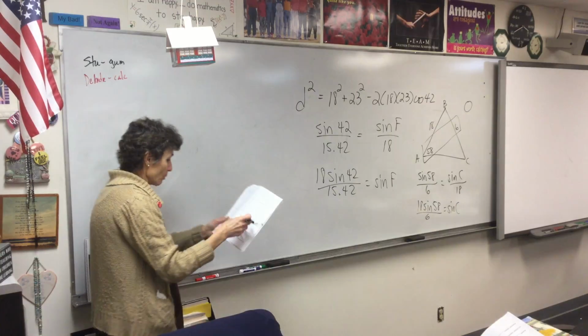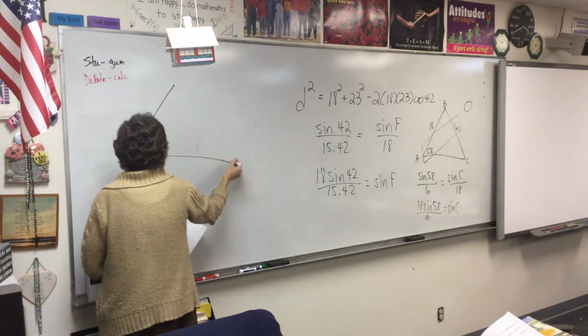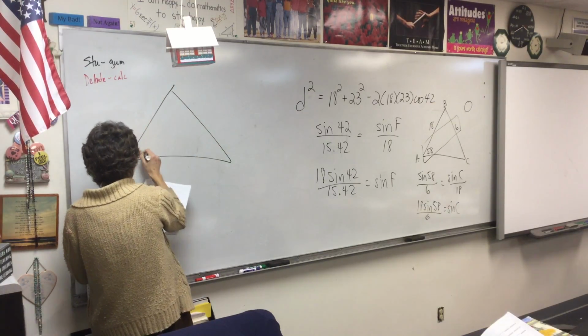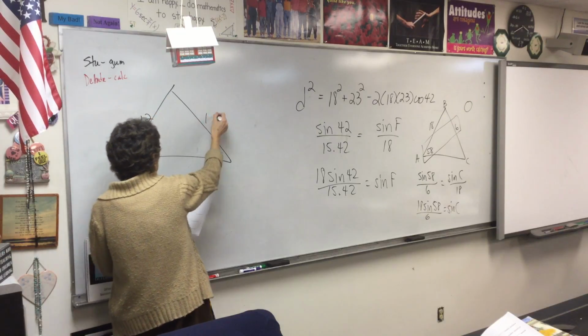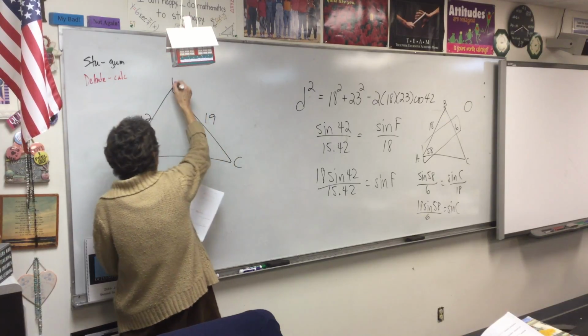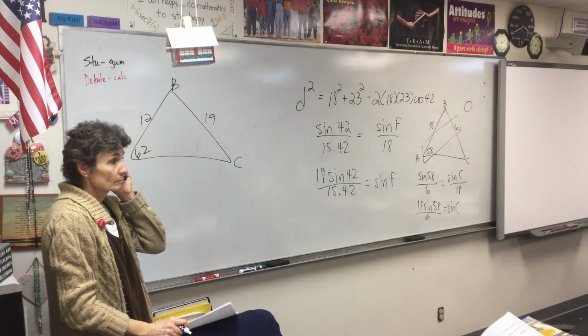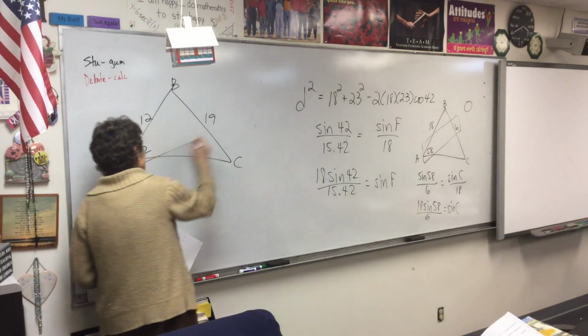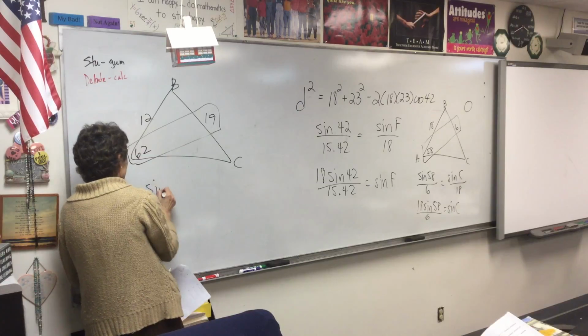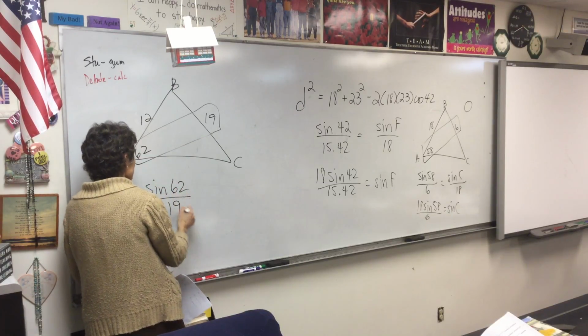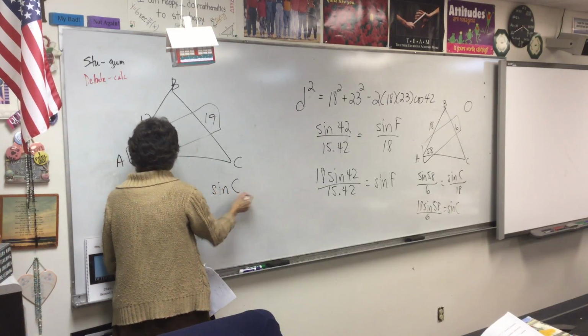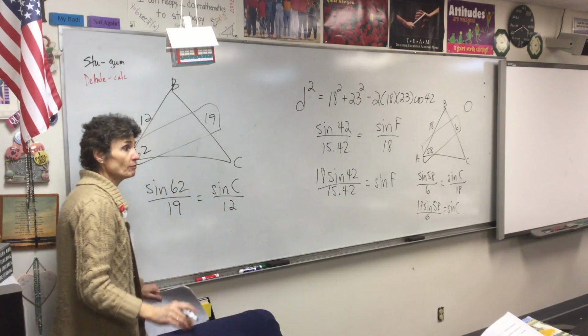All right, so problem 2. Here's that set again, right? So here we go. Sine 62 over 19 equals sine C over 12.